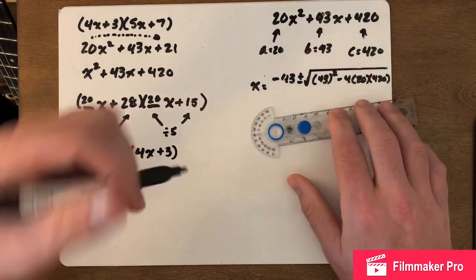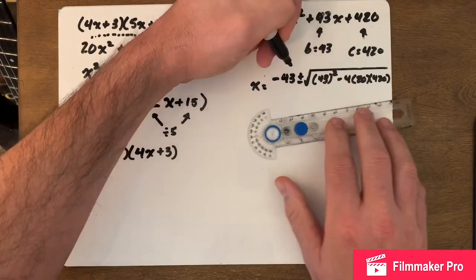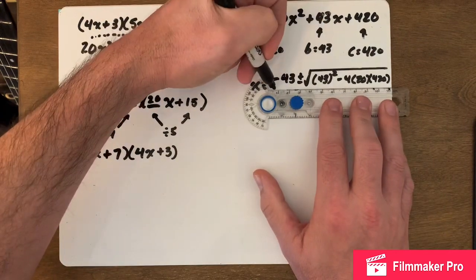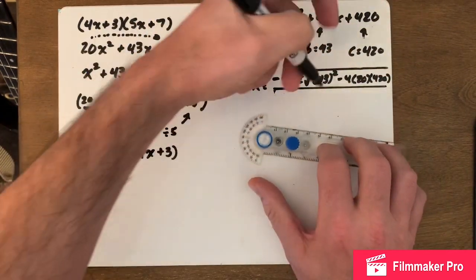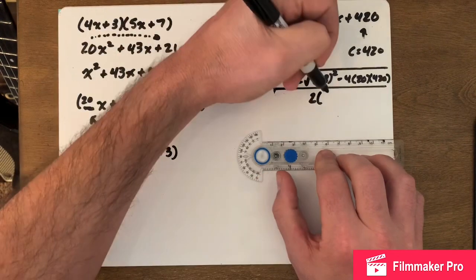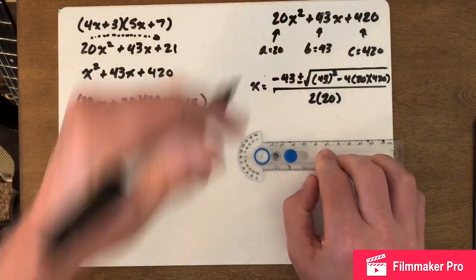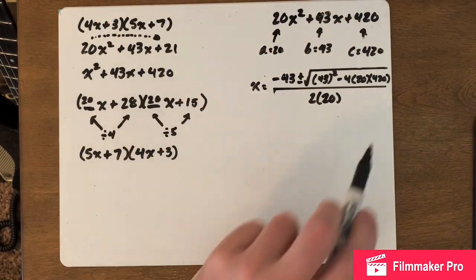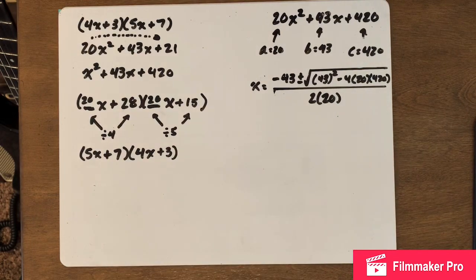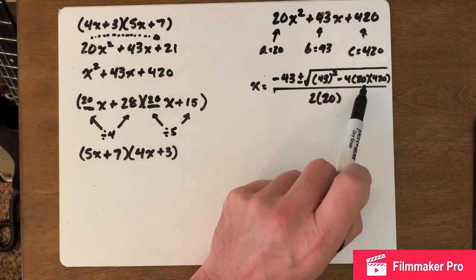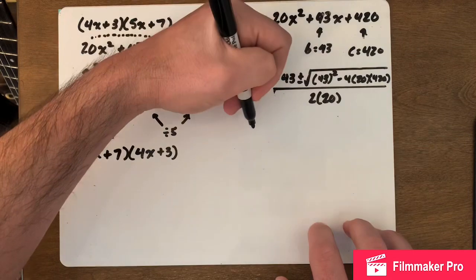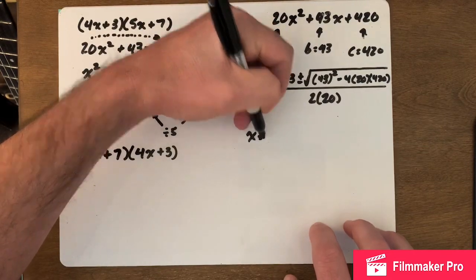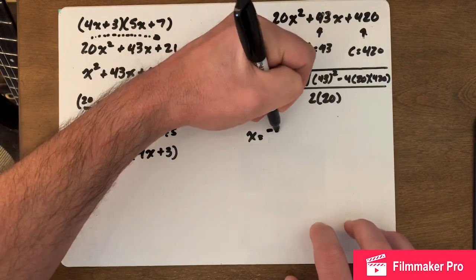All over 2a. Two times 20. Okay. So now we have a lot of stuff going on here. 4 times 20 times 420. I'm gonna actually write this step out, I think, because the numbers are getting a little too big.